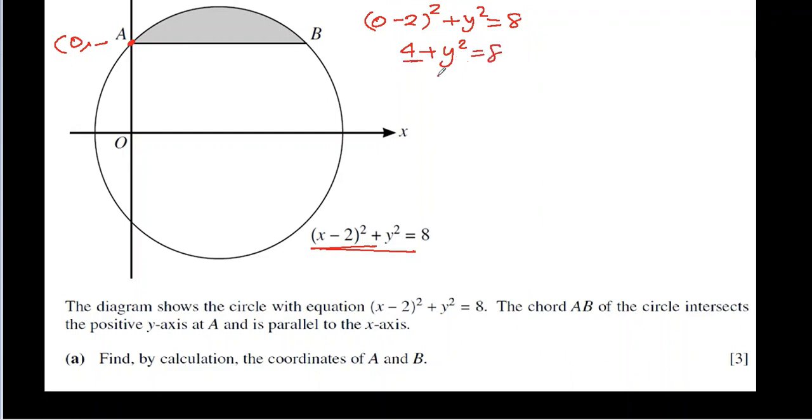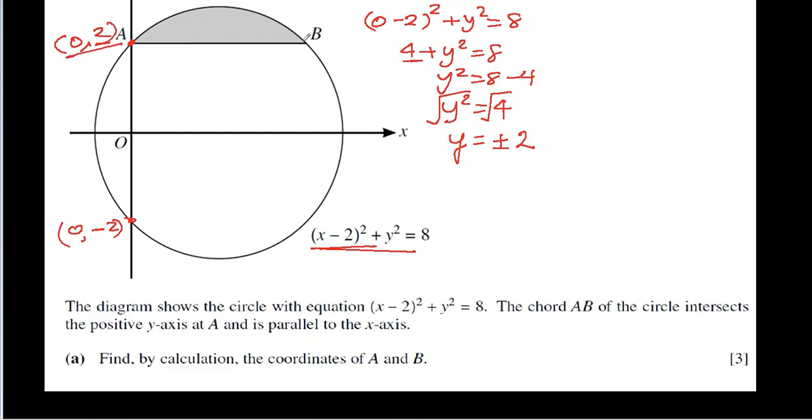Let's bring this 4 to the right side. Y square equal to 8 minus 4. Y square equal to 4. Square root both sides, just like the previous question. We will write plus and minus both 2. That means the y coordinate of this one is positive 2. The y coordinate here is negative 2, which nobody is asking, but that is what we'll know. Okay, now we have got the coordinates of A.